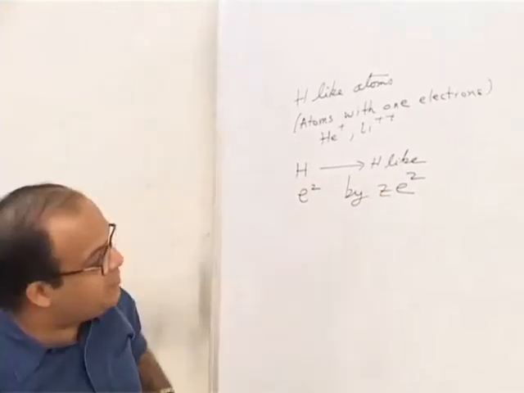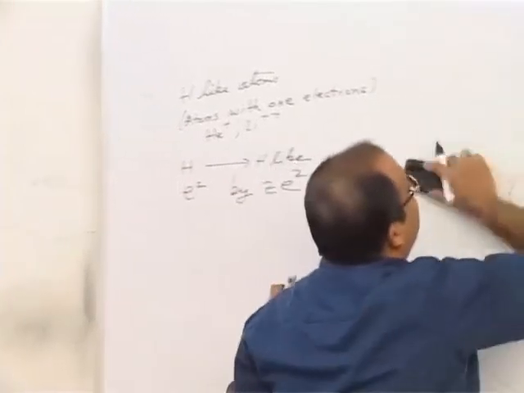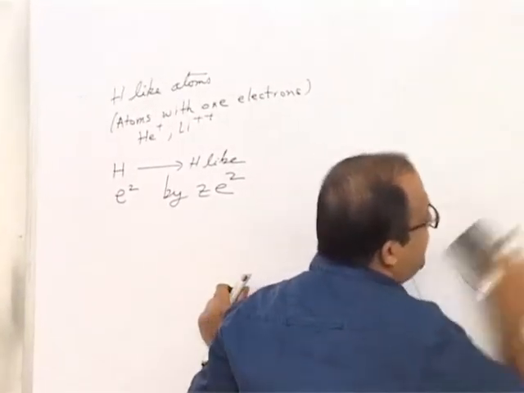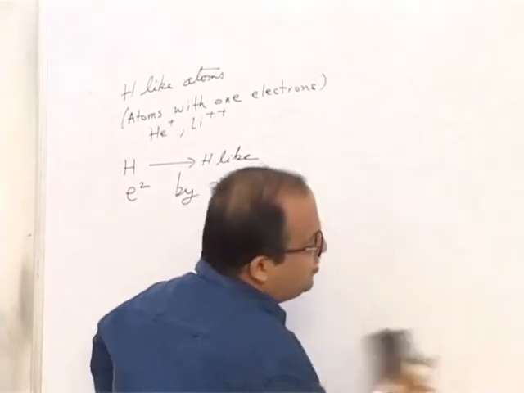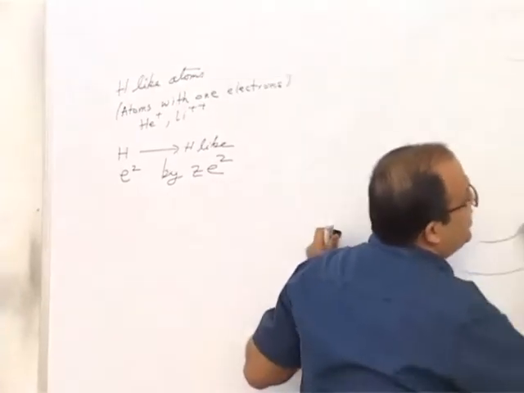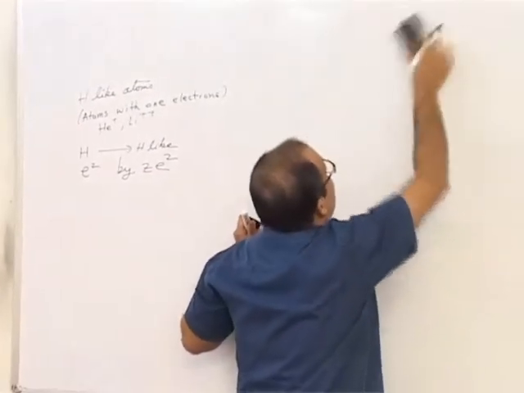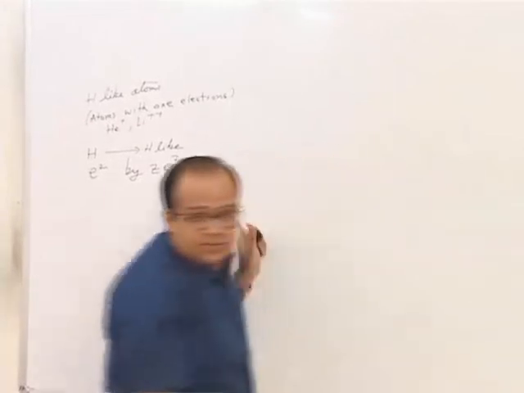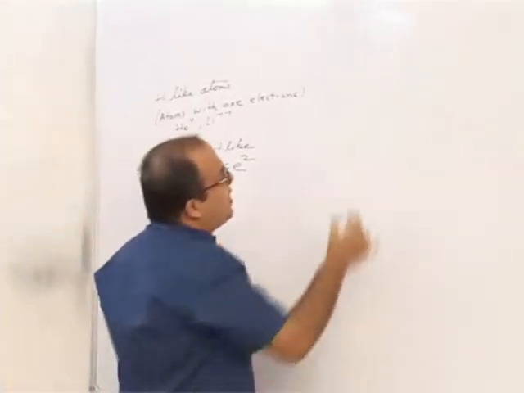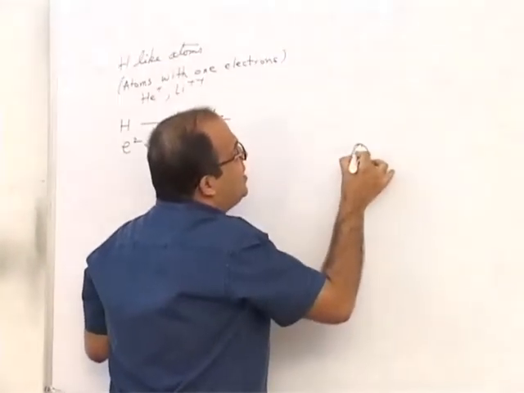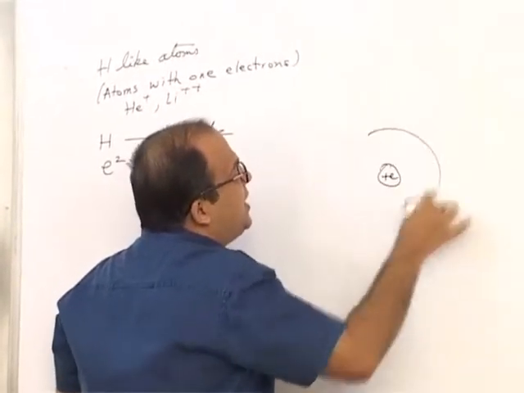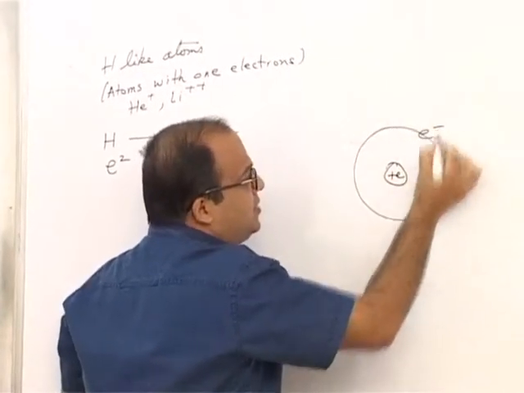So that is how we can get the formula for hydrogen-like atoms.